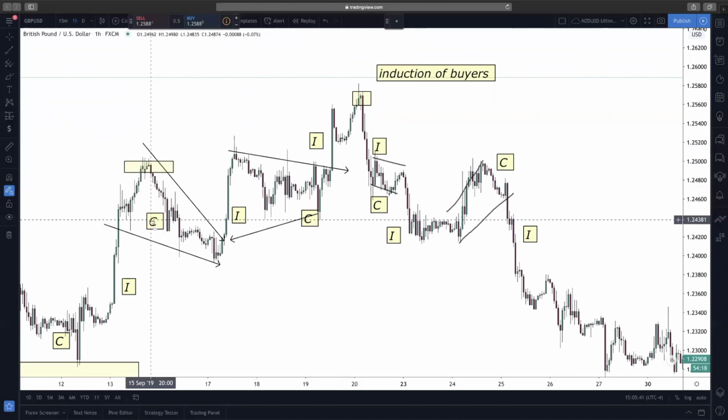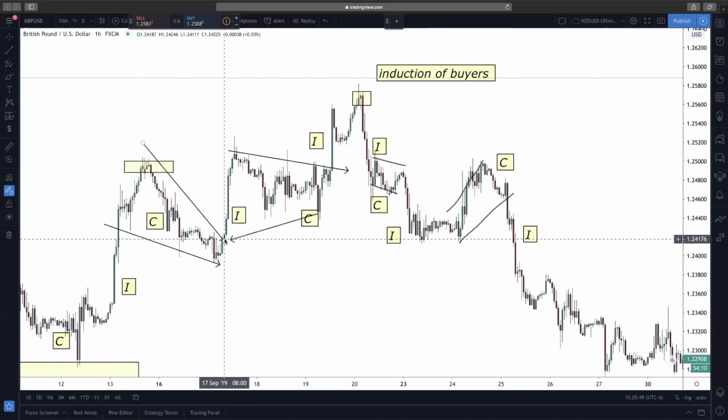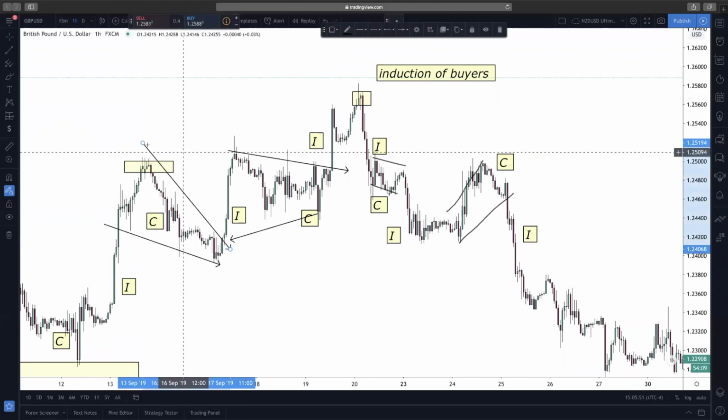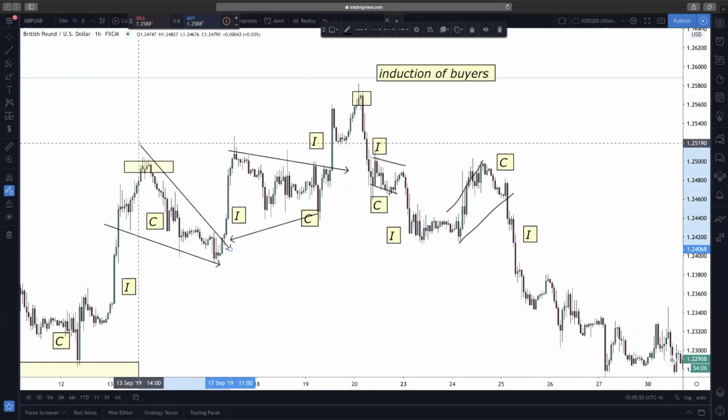This is fundamental to understanding market structure and building your bias as to where the market is more likely to go. This is a game of probability here.